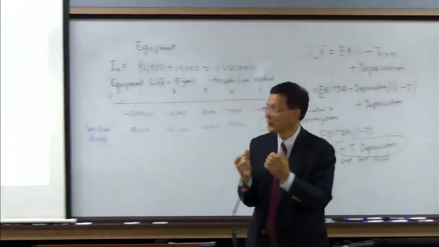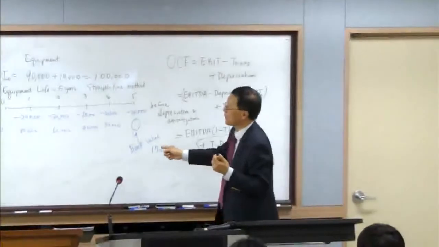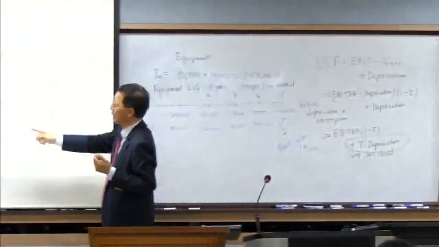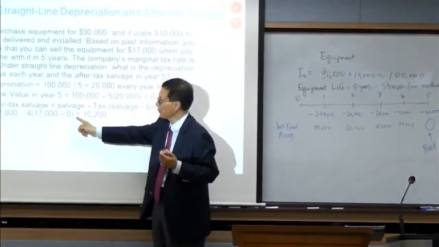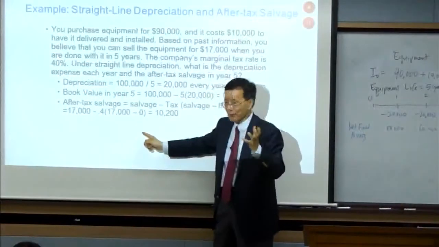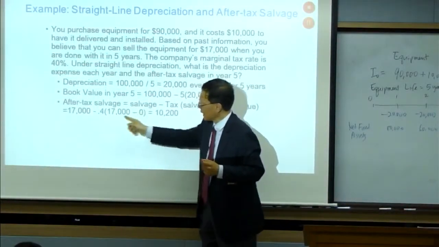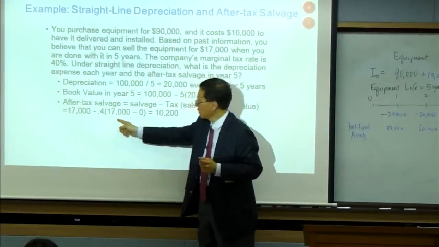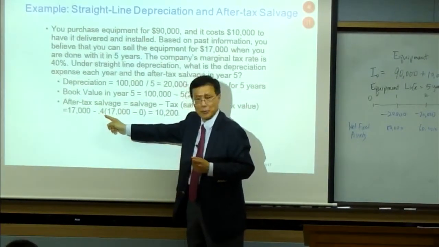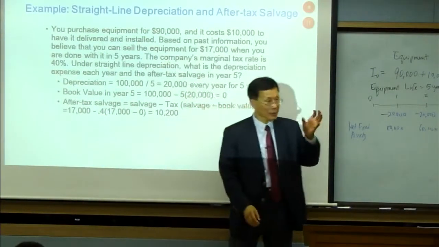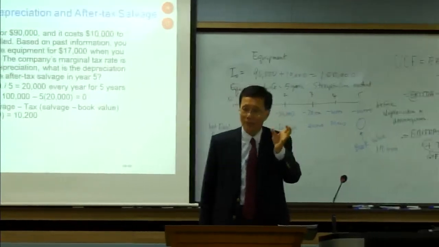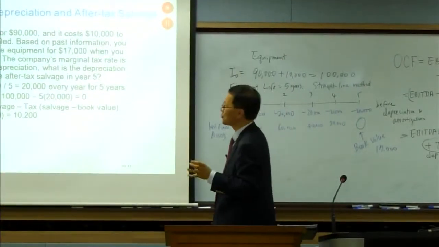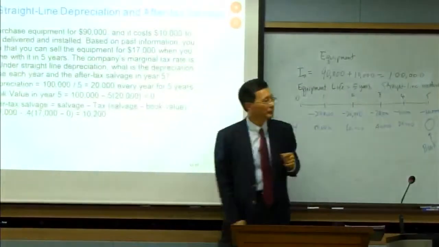So tax of 17,000 minus 0, that's the salvage value minus the book value, times the 40% tax rate. This is the amount of tax to be paid, and that is subtracted from your salvage value of 17,000. That gives you the after-tax salvage value. Okay?